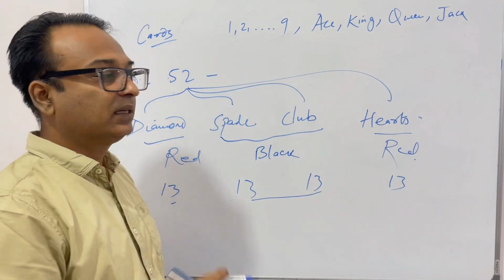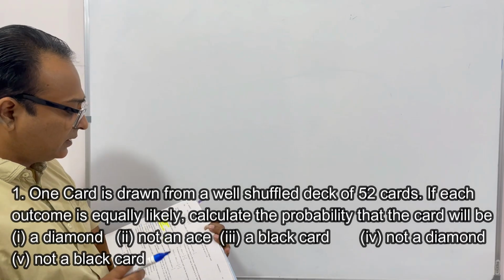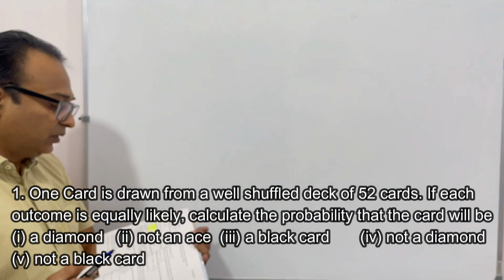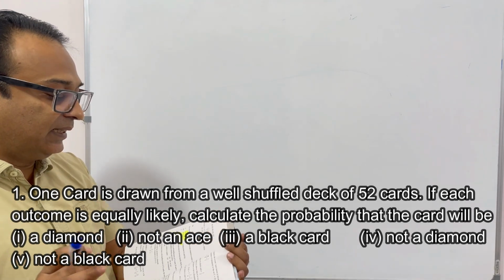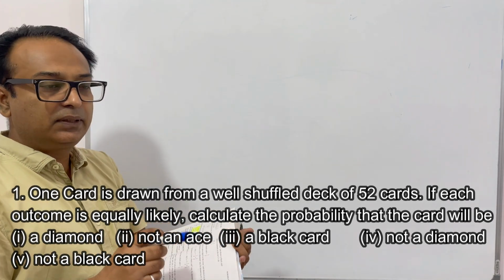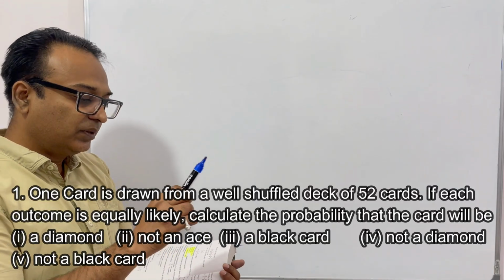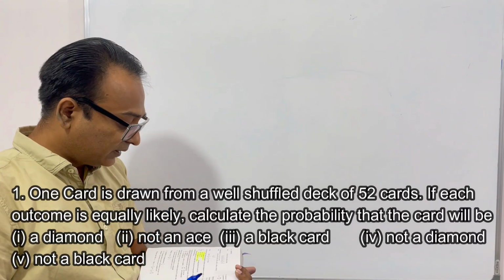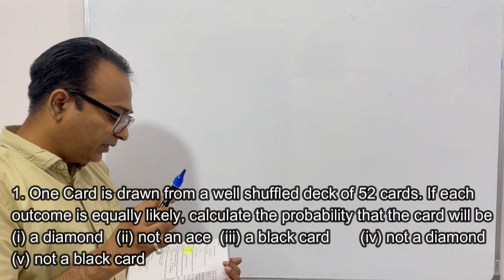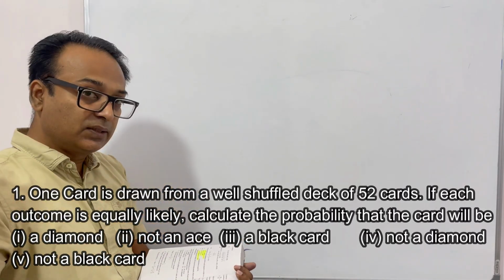Let's see our example. It says one card is drawn from a well shuffled deck of 52 cards. Well shuffled deck means the cards have been shuffled, so it's not that all are arranged in a sequence. So out of 52 cards, one card is drawn.